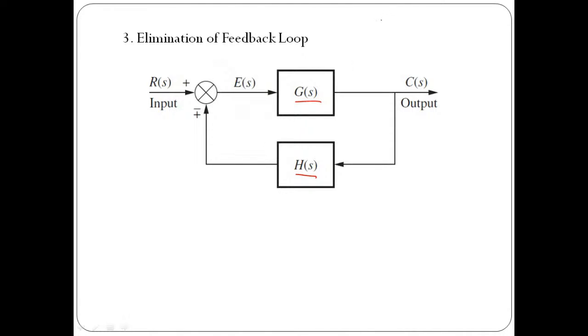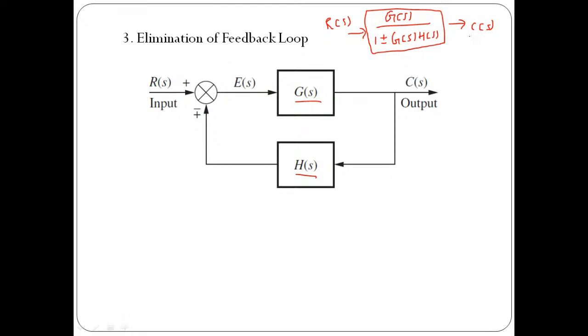It is simply the application of our previous rule, that is nothing but g of s whole divided by 1 plus minus g of s into h of s. So this parametric function we need to place in a block, and to that block we need to apply some input in the form of r of s, and we are supposed to get output in the form of c of s.